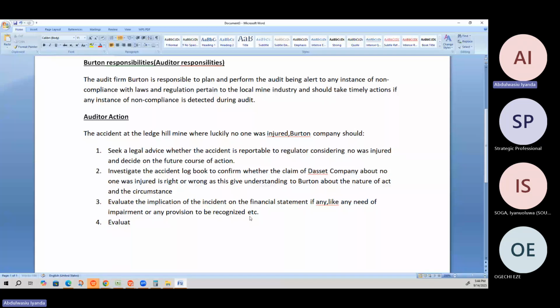Evaluate the implication. Is this still going to allow me to say that the financial statements show a true and fair view? Evaluate the implication on the opinion.